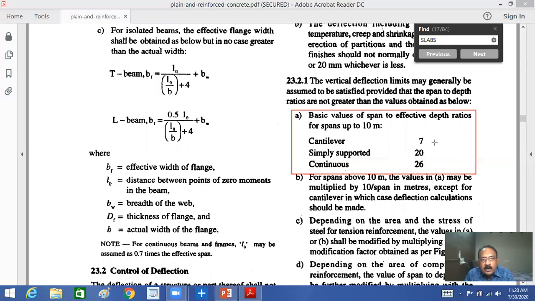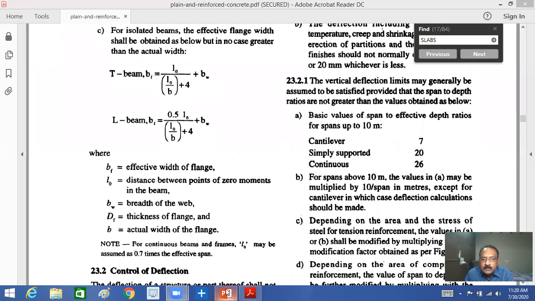You should have a hard copy of the code with you. You should refer to whatever I discussed, because practice is very important. This book is allowed for your external and internal examinations. So practice is very important. What I discussed here, we are observing in the code book.